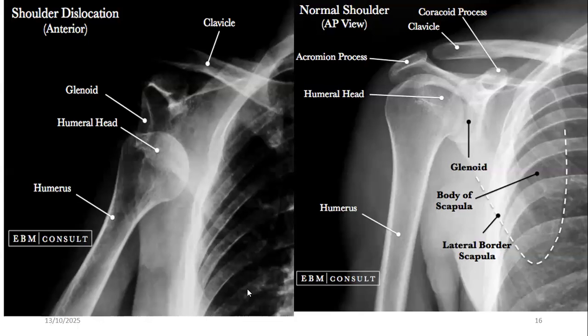So you can see the normal shoulder on the right side on X-ray. Which bones are there? Humeral head, you can see the acromion process, with the humeral head inside the glenoid. Then the distal part of the clavicle, coracoid process, glenoid, and body of scapula.